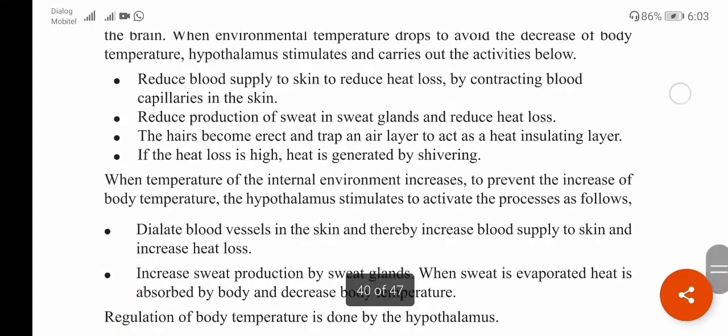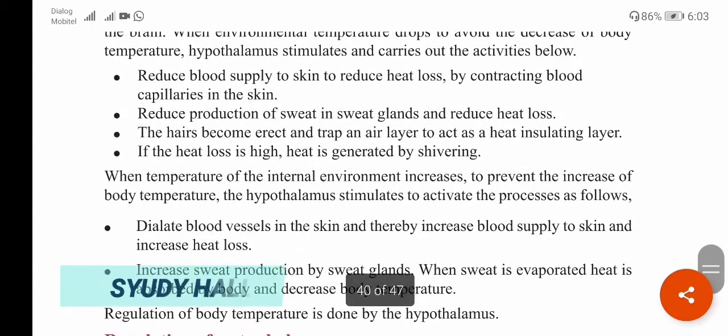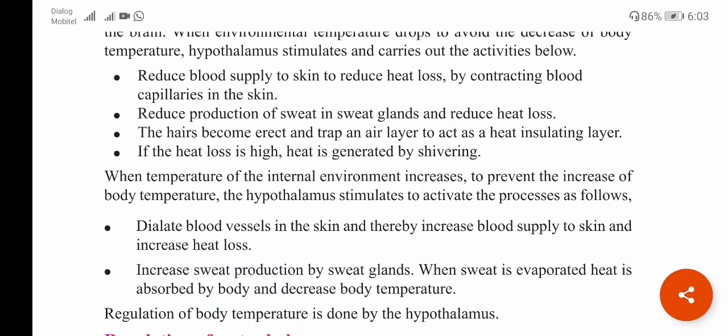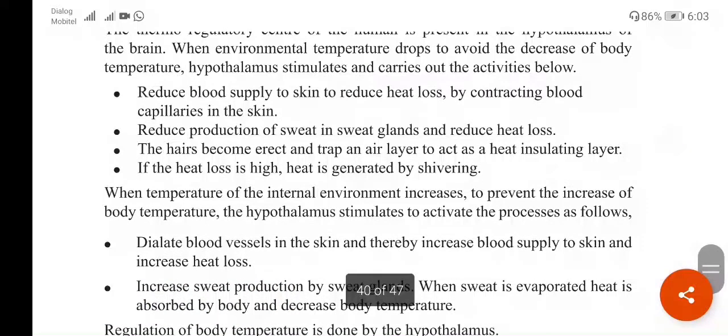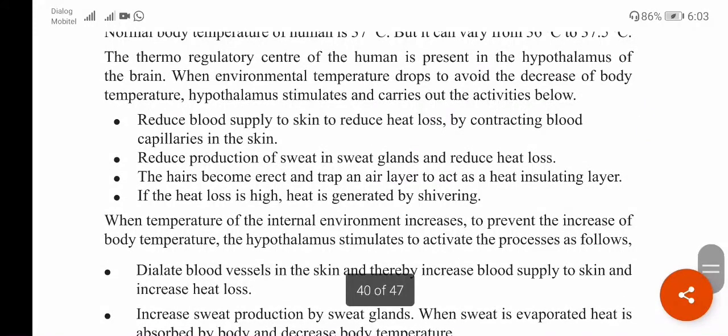The hairs become erect and trap an air layer to act as a heat insulating layer. And if the heat loss is high, heat is generated by shivering. These activities are carried out with the help of the hypothalamus when the environment is cool.